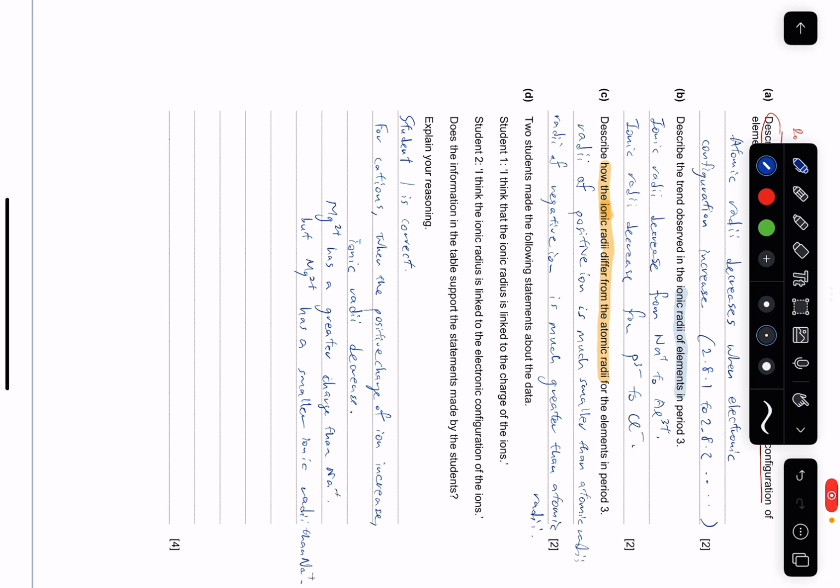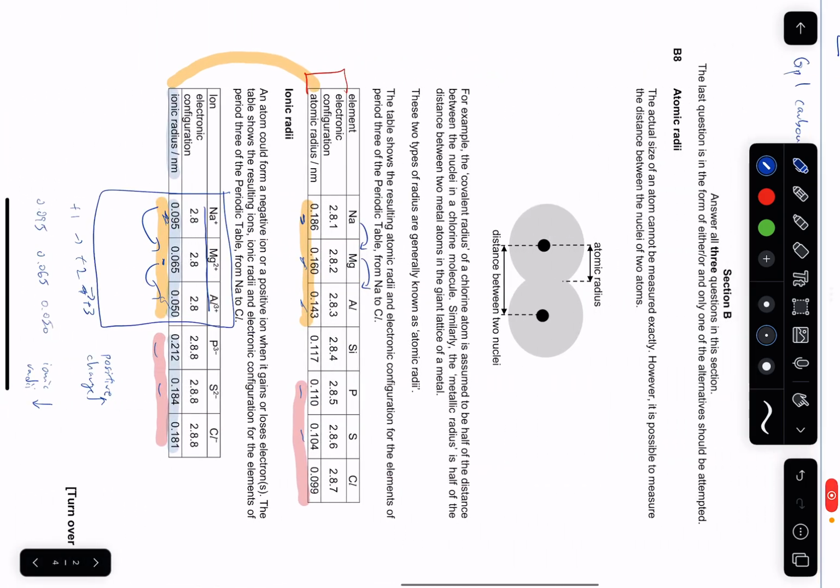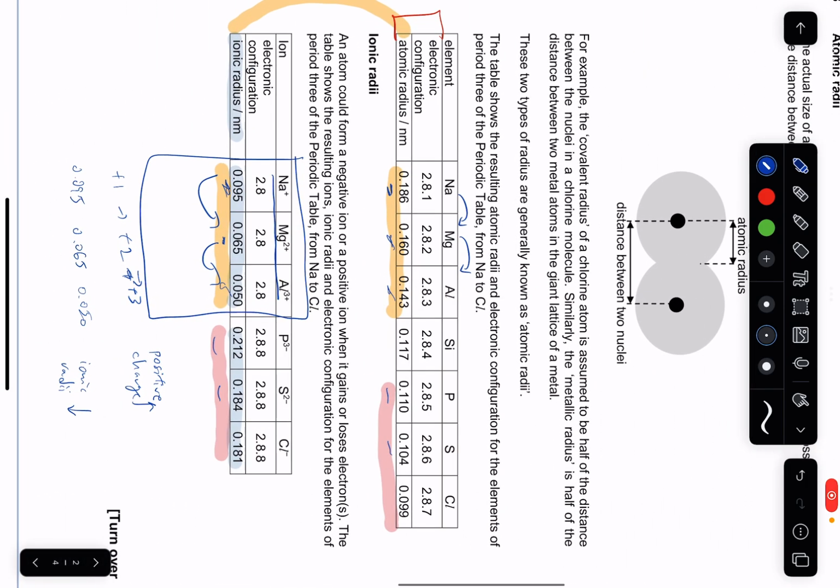What about statement 2? They say ionic radius and electronic configuration. Then let's take a look. Okay, let's see.